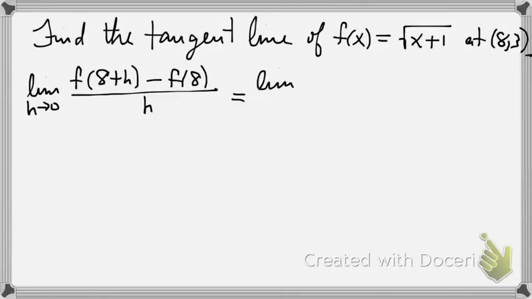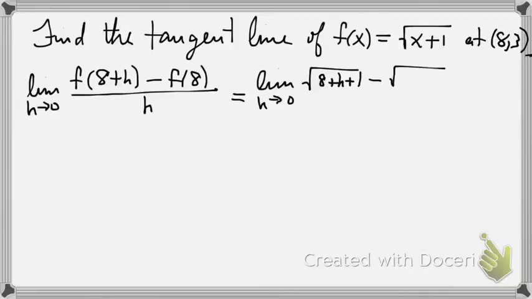So now we have the limit as h approaches 0. Square root of, what is f of 8 plus h? Square root of, I mean, you just have to read it, guys. Throw me a bone.